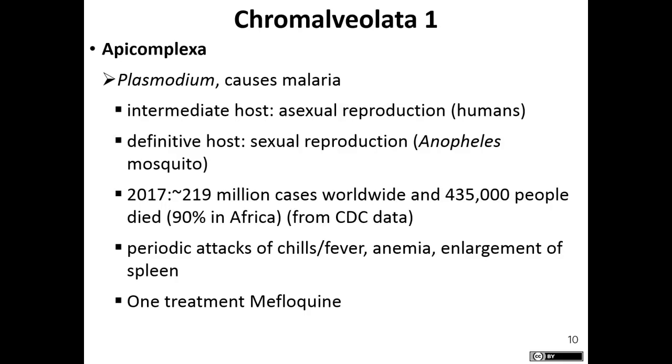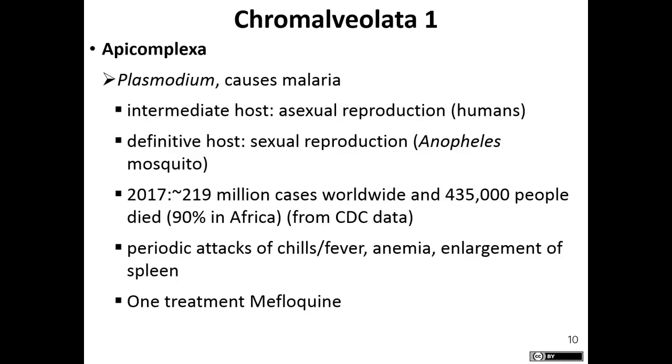The Anopheles mosquito is the definitive host because when the protozoan gets into the mosquito, sexual reproduction occurs. So a definitive host is a host where sexual reproduction occurs, and the intermediate host is the host where asexual reproduction occurs.